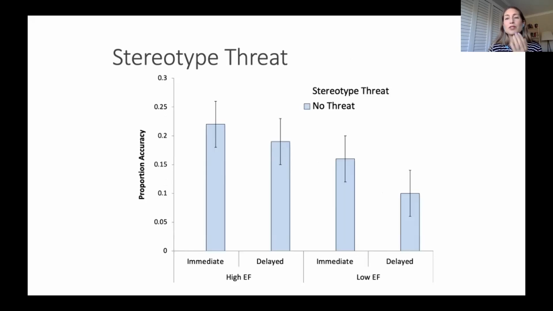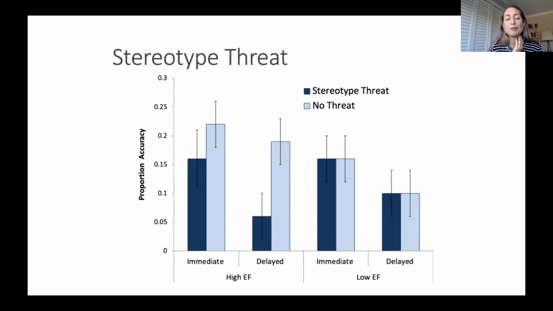And that's what you see here. But when you add the stereotype threat, we replicated this fact that it was the high EF students that actually learned much less than you would predict when they were given this pretty minimal threat before learning. So this is one study.